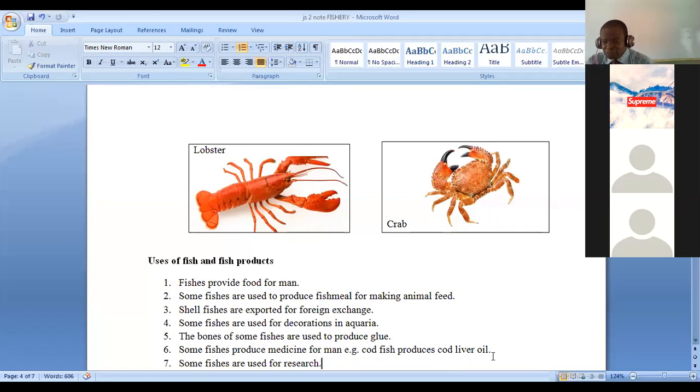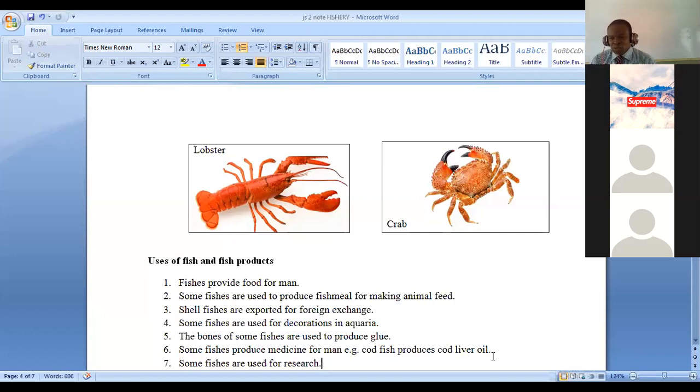Now, number 7, look at your screen. Some fishes are used for research. What that means is that the fishes that are reared by man, most especially, researchers continue to find out how we can raise them faster and better.